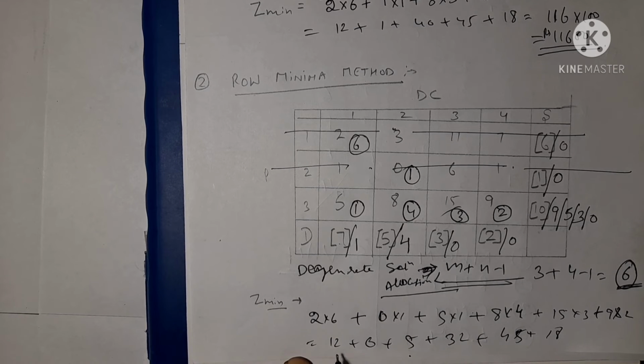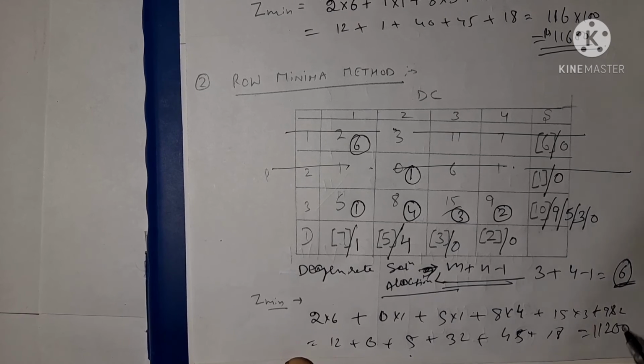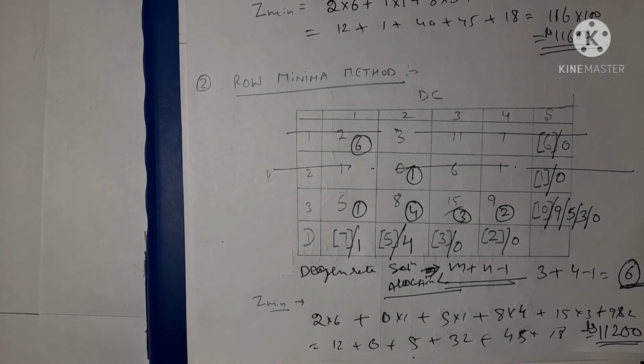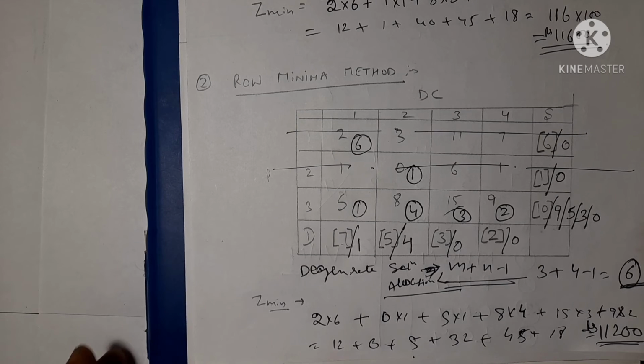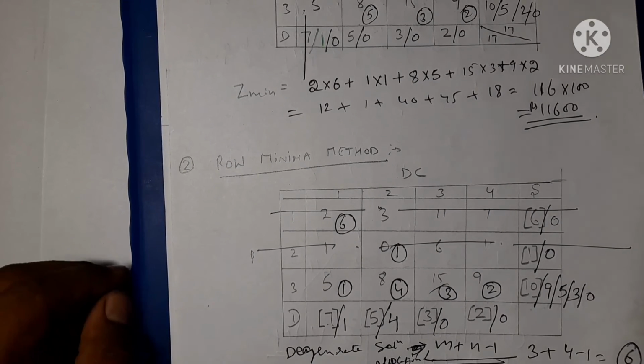Here it is 112 multiplied by 100. This is the total cost of the project. The value can be the same and the value can be different for different methods. Okay, now we have discussed two methods.